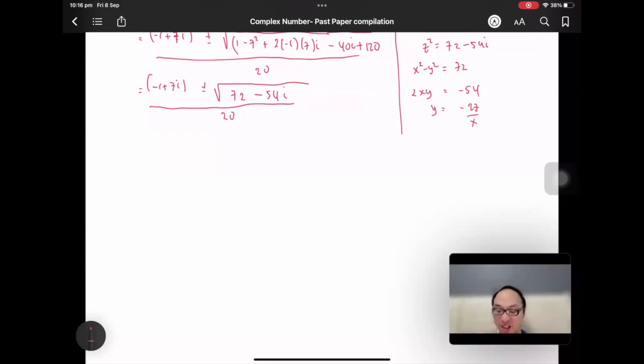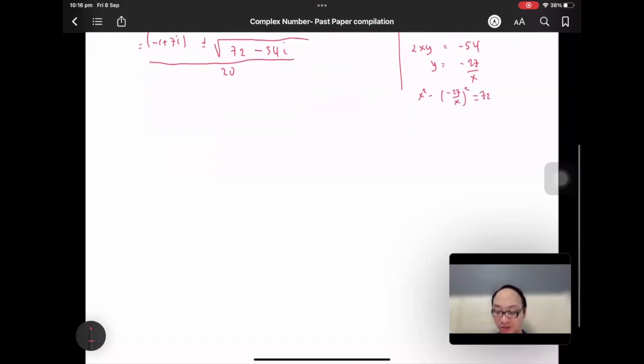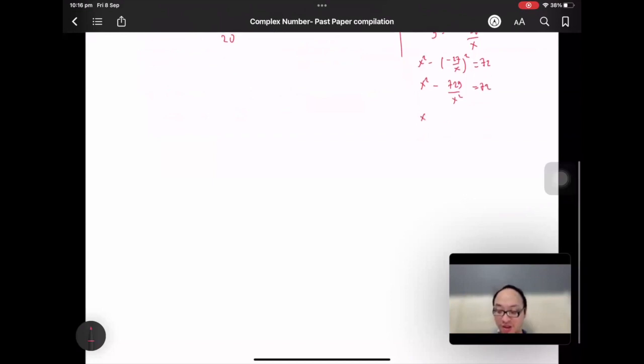And then I replace in the first equation: x squared minus (negative 27 over x) squared equals 72. So x squared minus 729 over x squared equals 72. So x to the 4 minus 729 equals 72x squared, so x to the 4 minus 72x squared minus 729 equals 0.